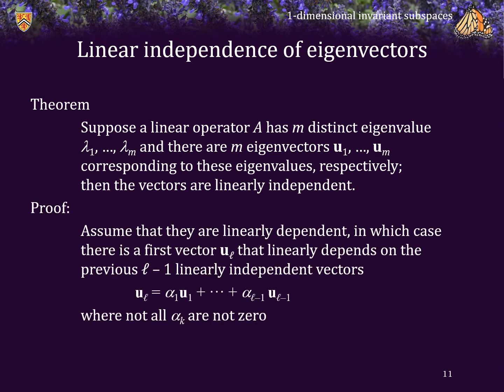Assume that these vectors are linearly dependent, in which case there must be a first vector in that list, u sub L, that linearly depends on the previous L-1 linearly independent vectors. So therefore u sub L is equal to a linear combination of the previous L-1 vectors where not all alpha sub k are 0.